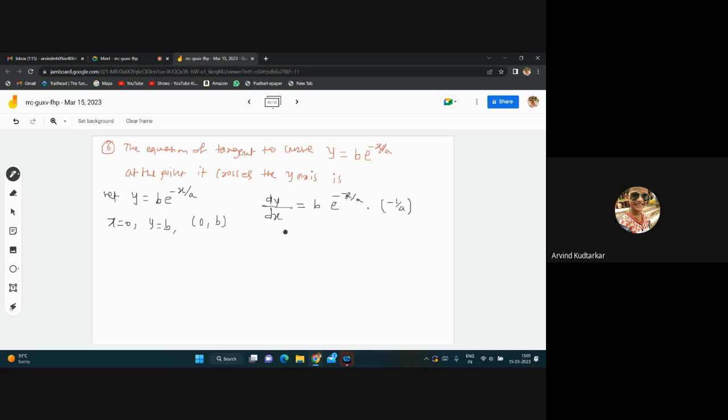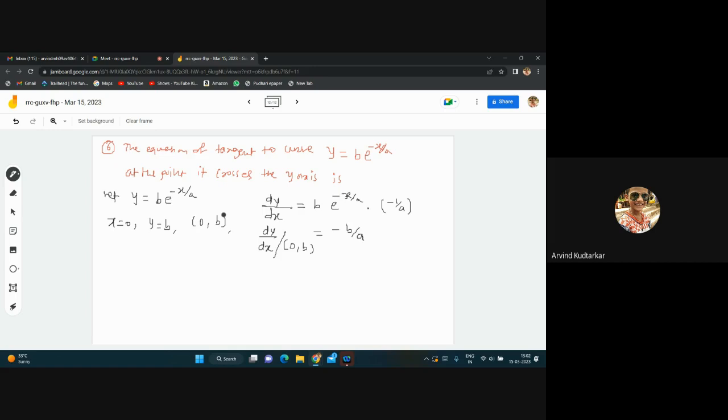But we need the value of the slope at the point 0, b. So dy by dx at 0, b: put x as 0, so e raised to minus 0 is 1, and b into minus 1 upon a means minus b upon a. So minus b upon a is the slope of the tangent. We have the slope and the point. This means the tangent is a line with slope minus b upon a passing through the point 0, b.